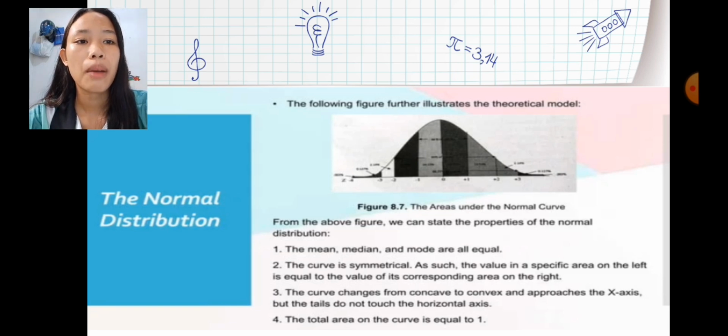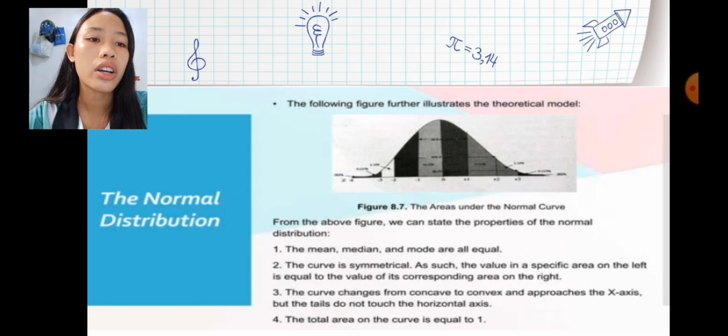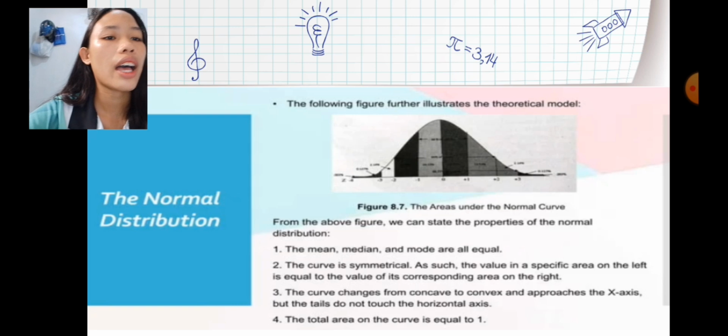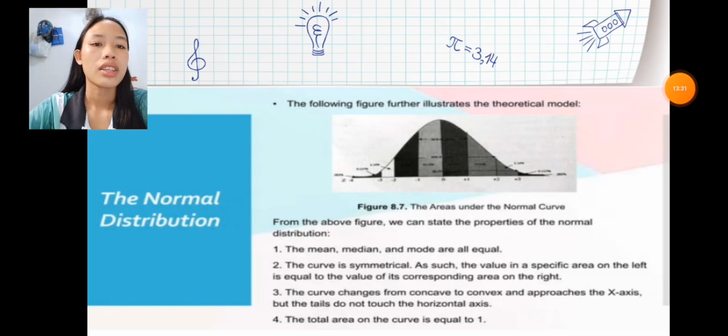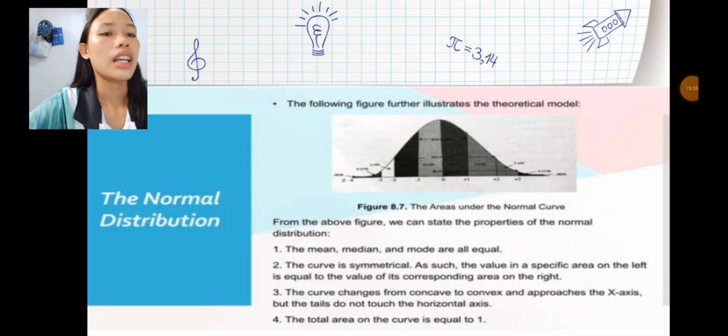From the above figure, we can state the properties of the normal distribution. First, the mean, median, and mode are all equal. The second is the curve is symmetrical as such.